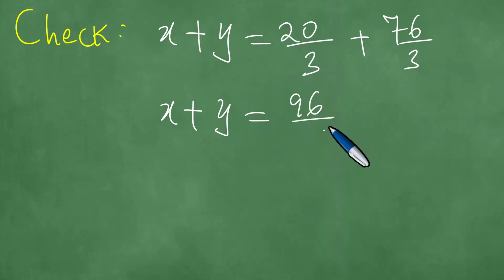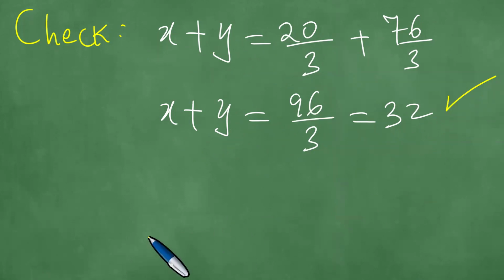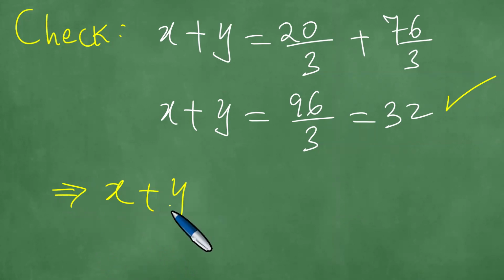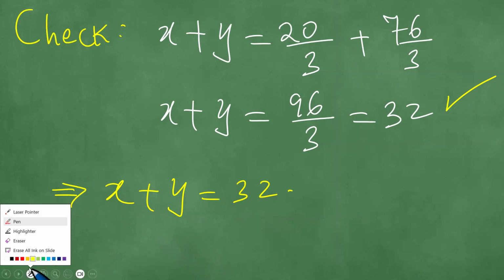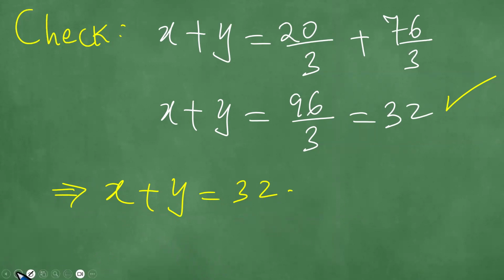It is exactly 96 out of 3, which is exactly 32. Which is obviously what is required, because the sum of these two numbers is indeed 32 as it was given. But you need to conduct a further check.